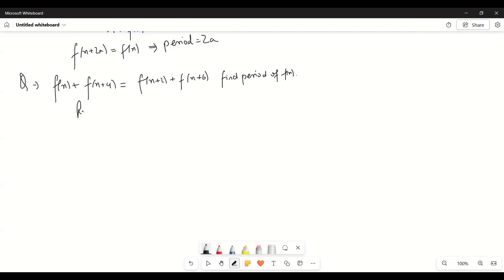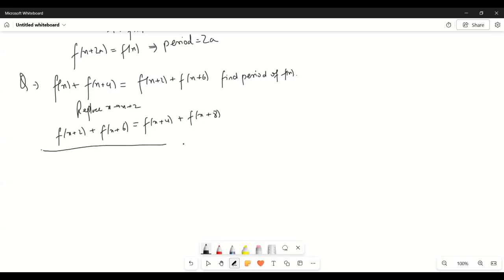So again, it's a question on replacement. So let's suppose we replace x with x plus 2. Because the values that we have are x, x plus 2, x plus 4, x plus 6. The consecutive difference is 2. So replace x by x plus 2. So f of x plus 2 plus f of x plus 6 is equal to f of x plus 4 plus f of x plus 8.